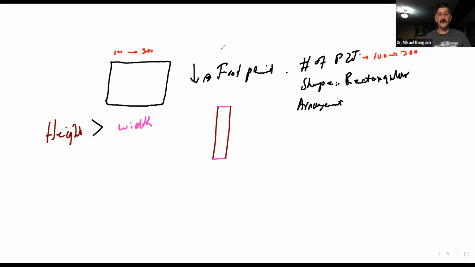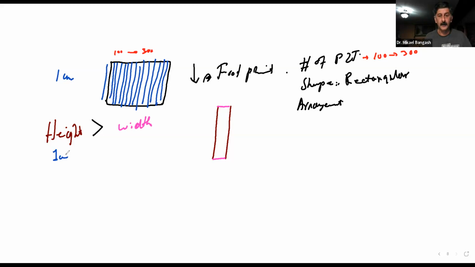In this instance, if we say that the footprint here was, let's say, 1 centimeter high, because what we mean to have is the PCTs arranged like this, this height would have been 1 centimeter.